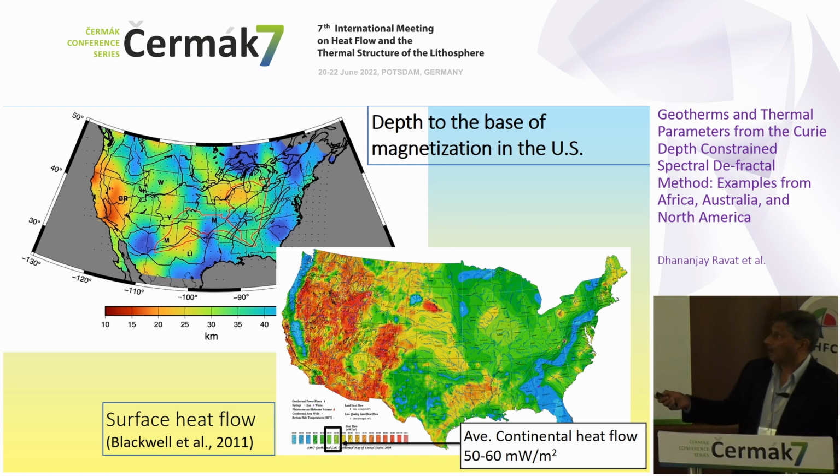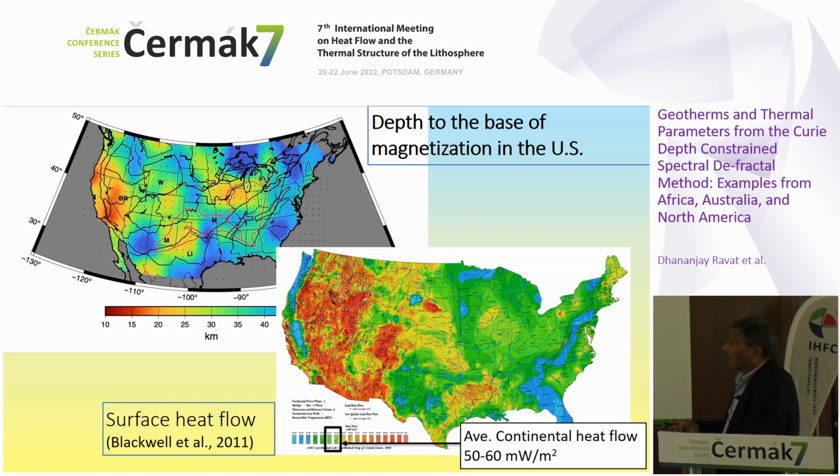These maps that we see of the Curie depth estimates are actually fairly consistent in many parts with respect to the surface heat flow map, for which we have a fairly good database over the US.